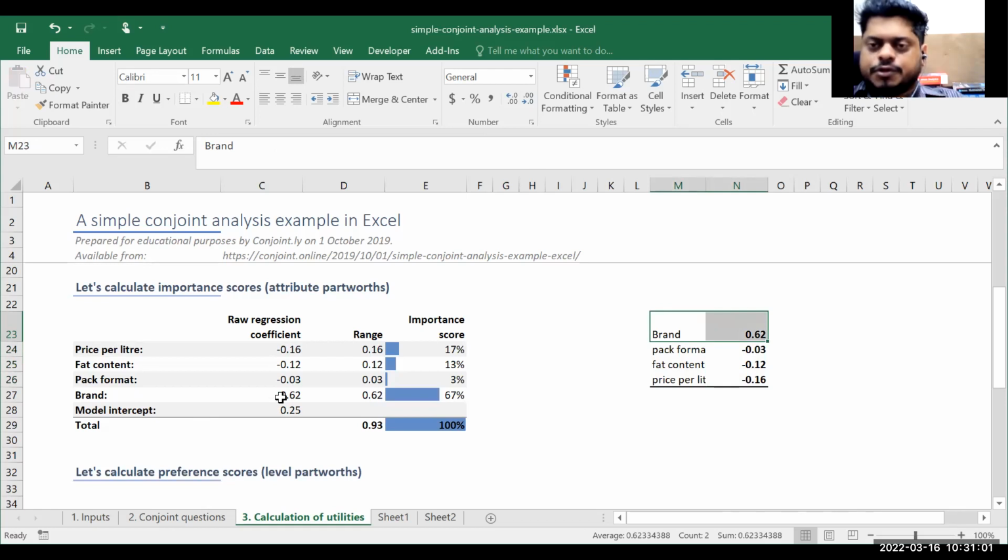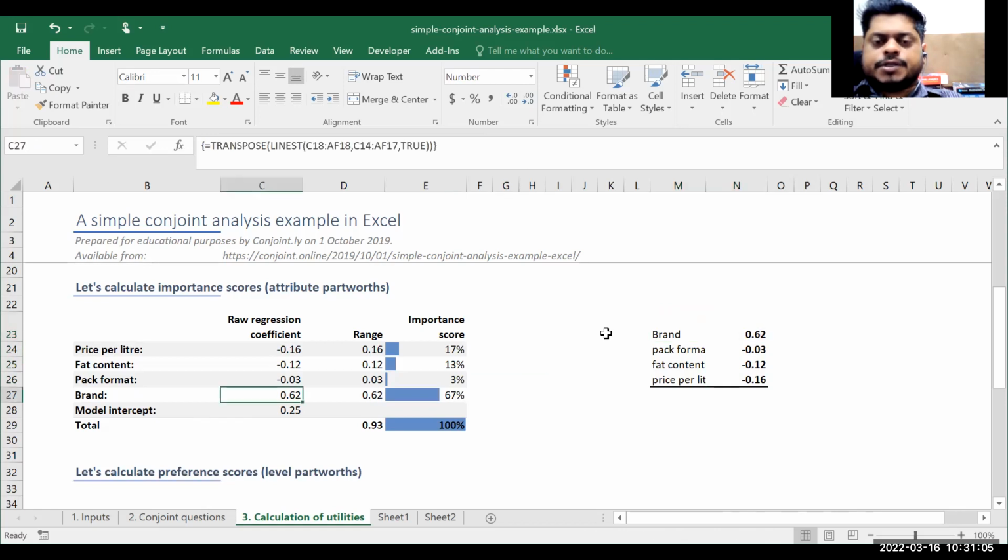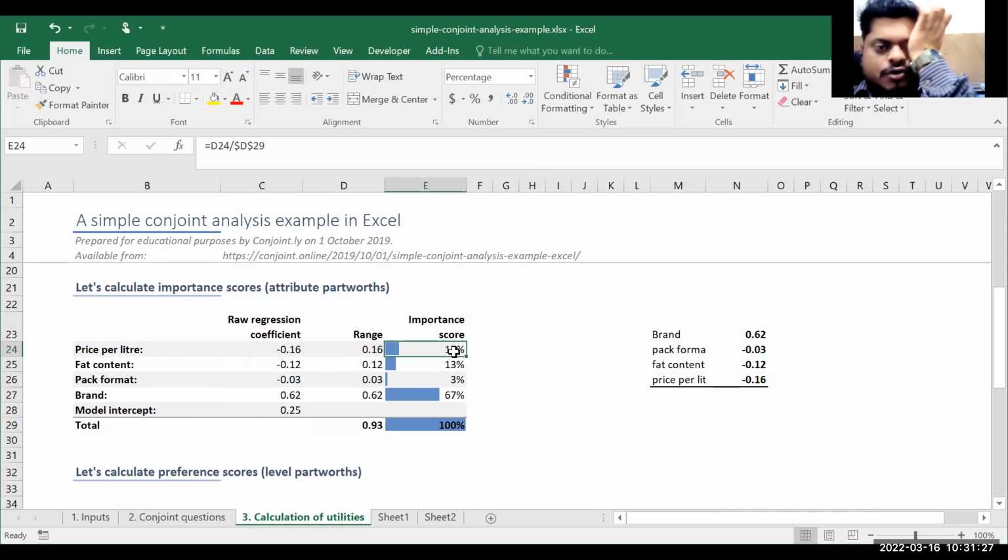So they have also used the Excel file which you downloaded from here. Then pack format minus 0.03, fat content minus 0.12, price per liter 0.16, right? They took the absolute values and summed them up, that is 0.93. If I divide 0.16 by 0.93, that gives me 17%. So that is the relative importance, right? Because if I add these up, it does not become 100.